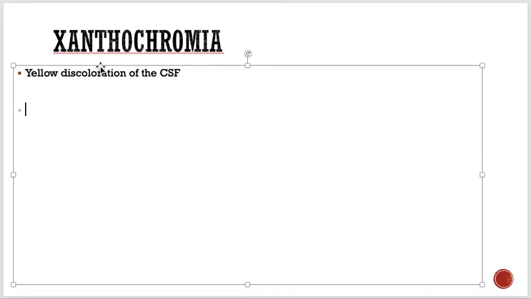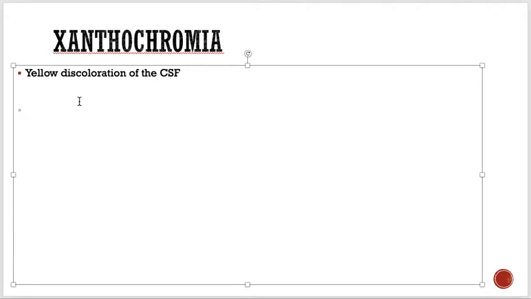Now how do they see this? They use a technique called spectrophotometry. When they run it and it comes back positive, it shows that bilirubin is present in the CSF.